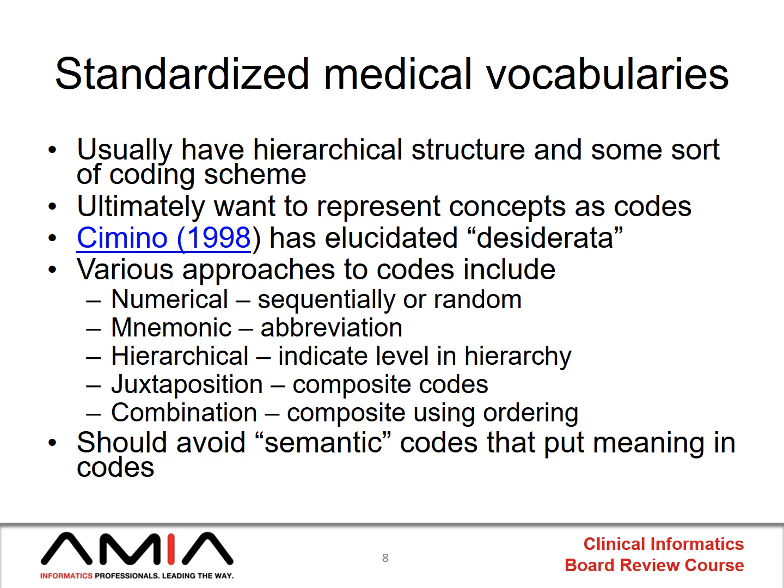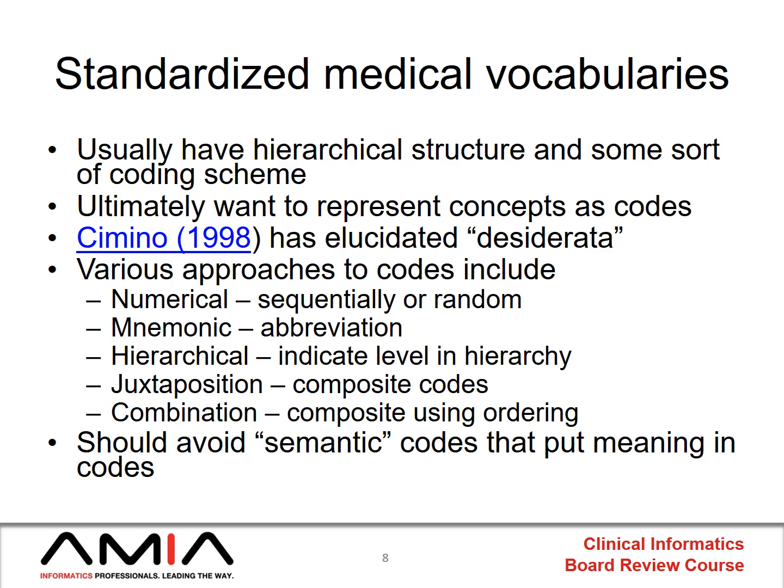In terms of the codes, there are different approaches that are taken. There can be numerical codes where they're assigned sequentially or randomly in some sort of order. There may be mnemonic codes where there's an abbreviation for the concept. Sometimes codes will incorporate hierarchical information so we know where in the hierarchy they are.